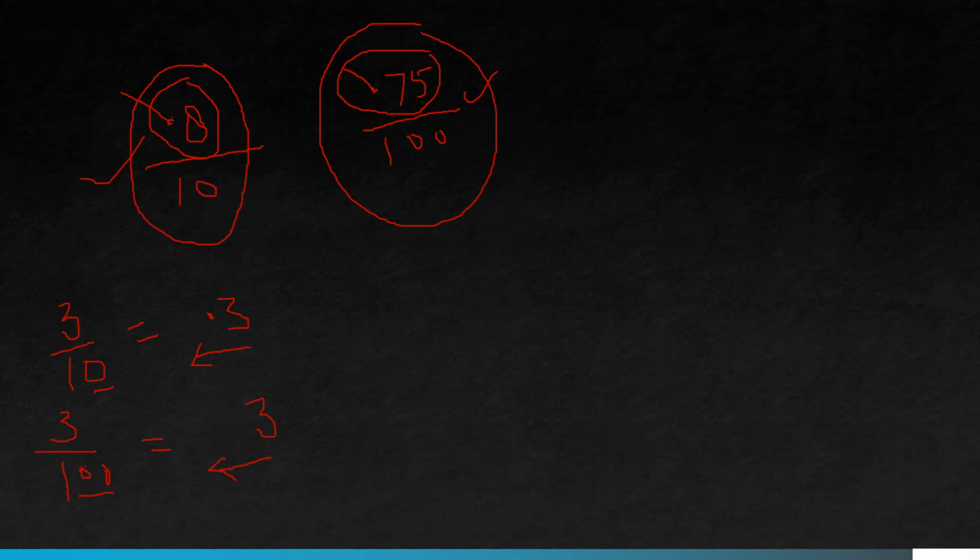And after how many places? 2, but there is only one place. So what we can do, we can add one zero over here, and then we can place the decimal. Okay, this is how we have converted 3 upon 100 into a decimal. This is how you can convert a fraction into a decimal.